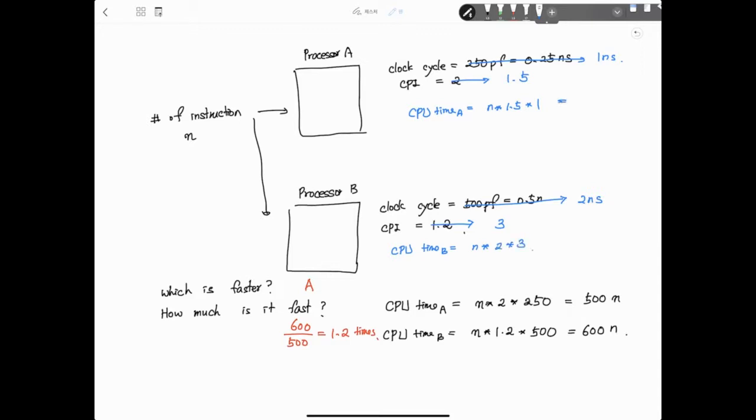So this one is 1.5n and this one is 6n. So A is faster by 4 times.